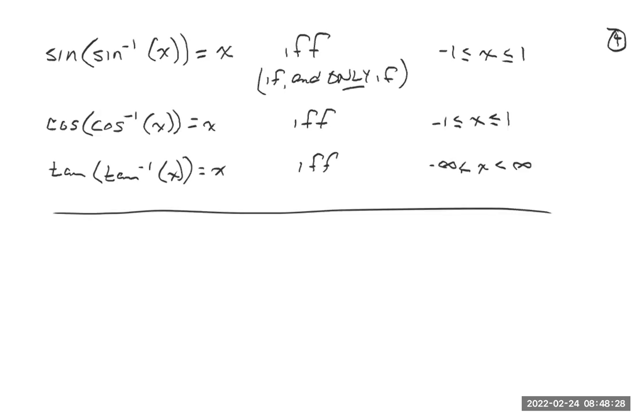Now going the other direction, the arcsine of sine of some angle will be equal precisely to that angle if and only if we are where sine is valid to have an inverse. So between -pi/2 and pi/2.